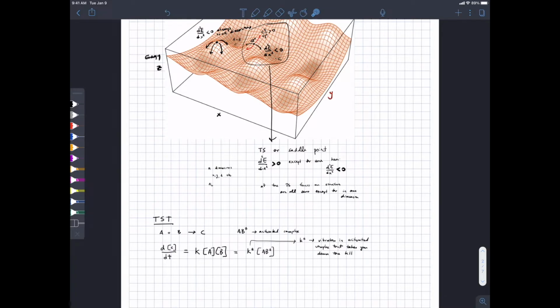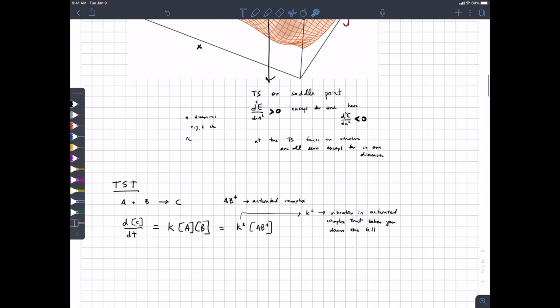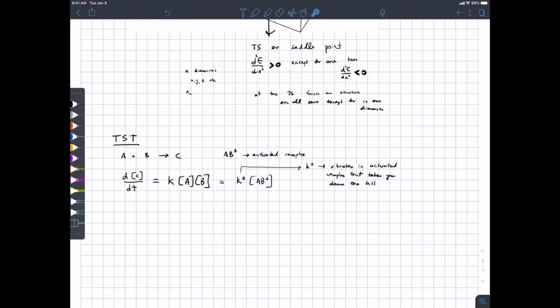I didn't understand that at all the first time I taught this, and so I used Gaussian to try to help me understand this.